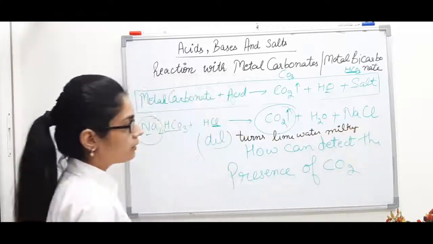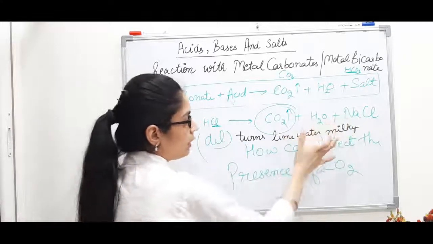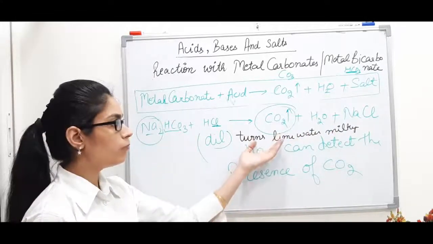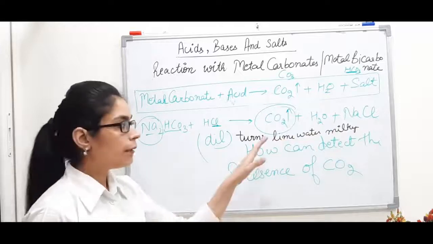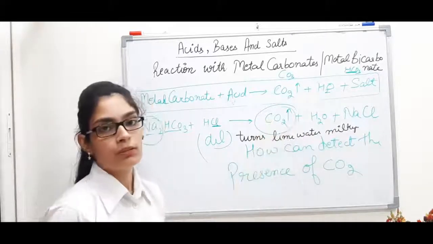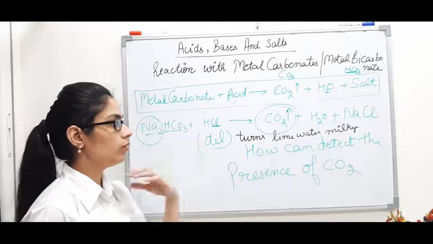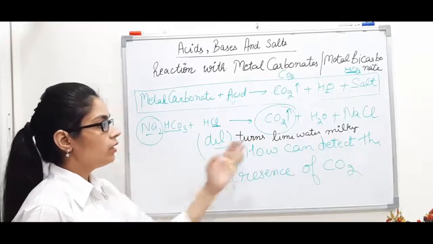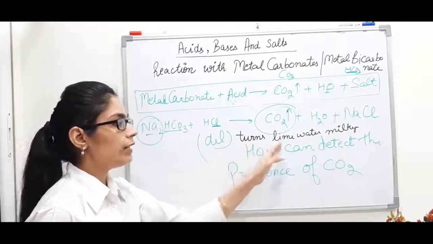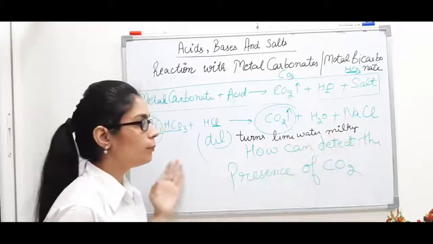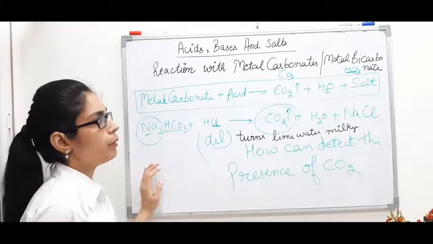So when you pass this gas through lime water, it will turn lime water milky due to the presence of carbon dioxide. So the property of carbon dioxide, you have to remember that it turns lime water milky. This is the commonly asked question, and you can remember this.